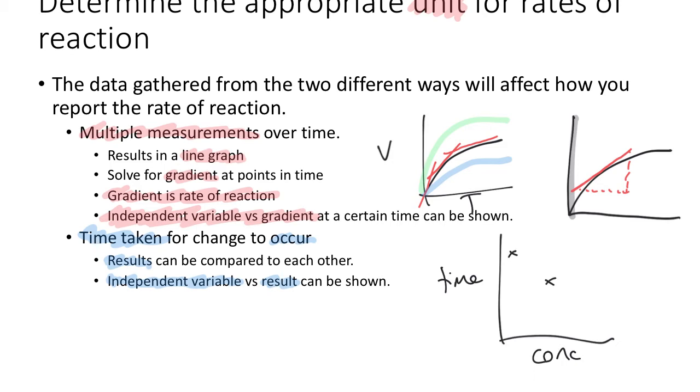At a high concentration, it should take less time. And therefore, this is the relationship between rate of reaction and the concentration. The gradient there is not the rate of reaction. Each individual value here is the rate of reaction. That time there would be the rate of reaction there. Okay, let's move on.